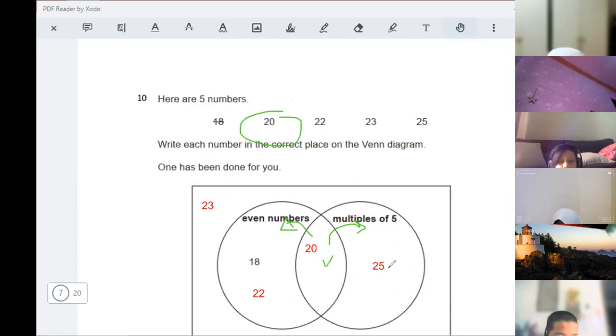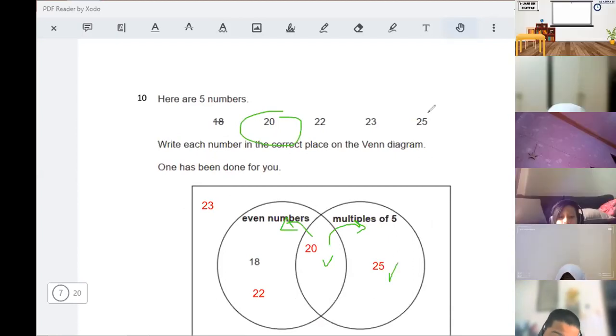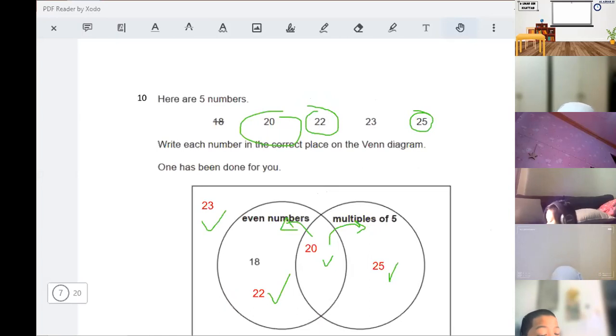And 25 is a multiple of 5, not always even. And then 18 is an even number, 22 is also an even number right here. And because 23 does not belong to any of these, 23 goes out here. Okay? Got it?